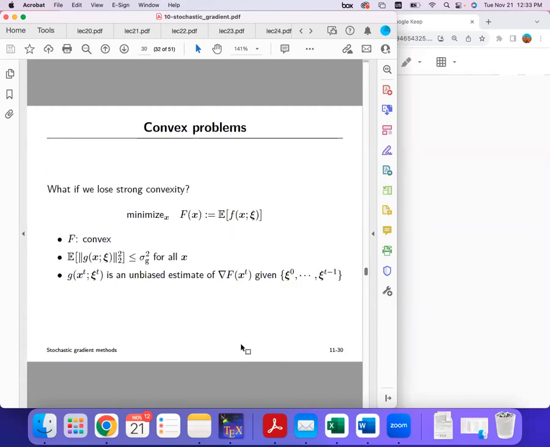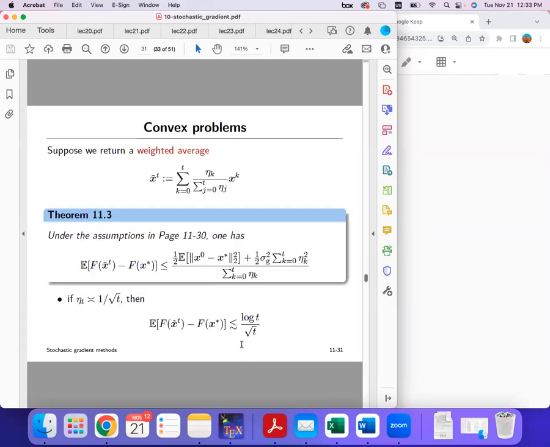And then we talk about the convergence result of SGD for minimizing convex functions.